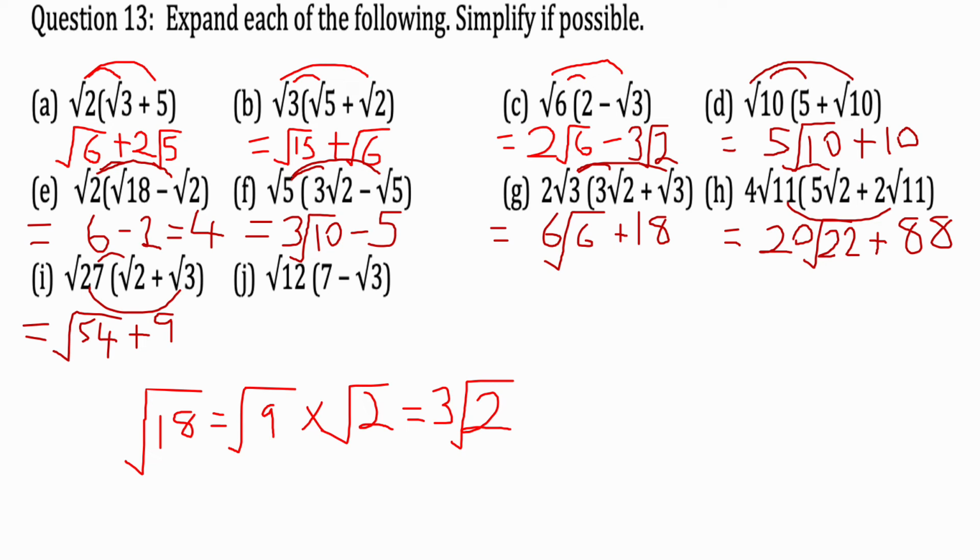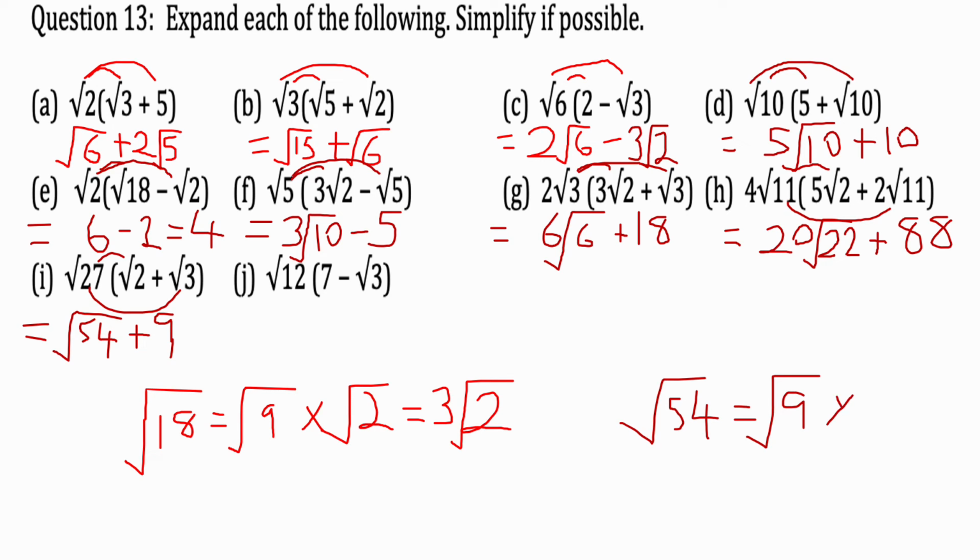Now, root 54 does simplify as a surd. Root 54 is root 9 times root 6. Okay. And again, it's involving revision, knowing your factors of your numbers and knowing your square numbers.